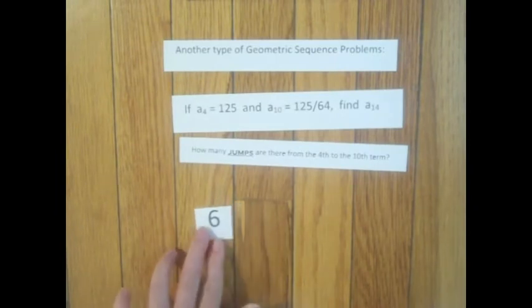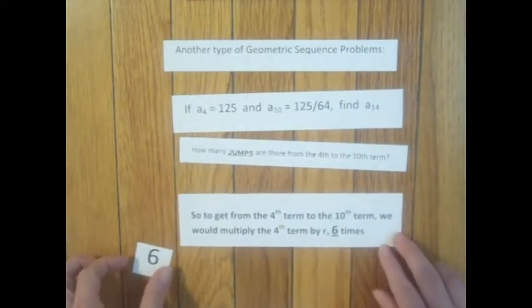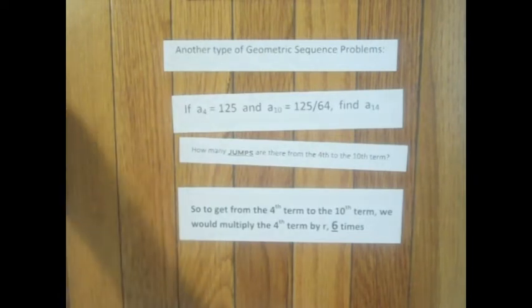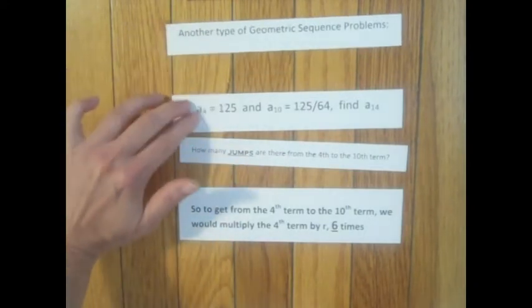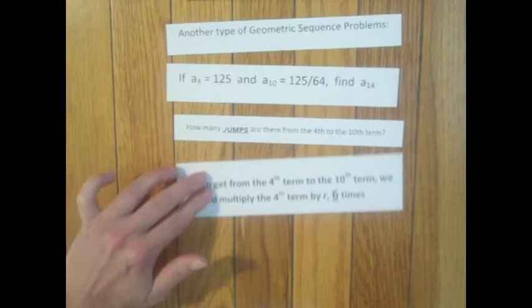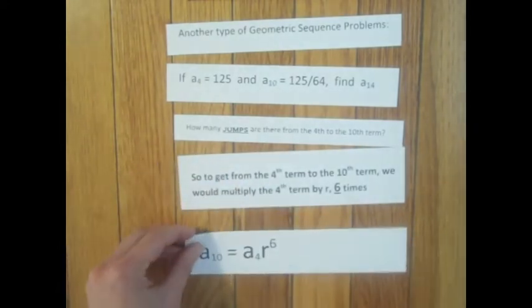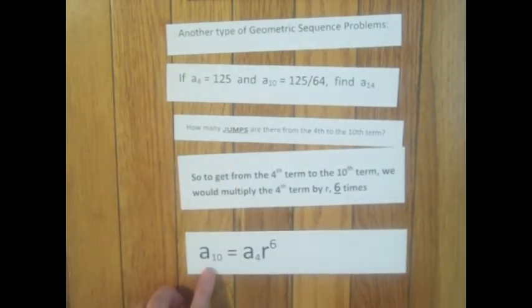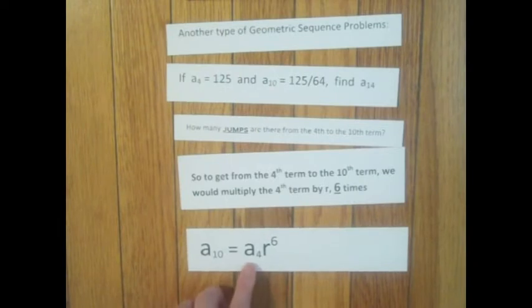So basically what we're saying is to get from the 4th term to the 10th term, we would multiply the 4th term by r 6 times. So to put that in notation, we're going to start at the 4th term and jump 6 times. We're multiplying by r raised to the 6th power.